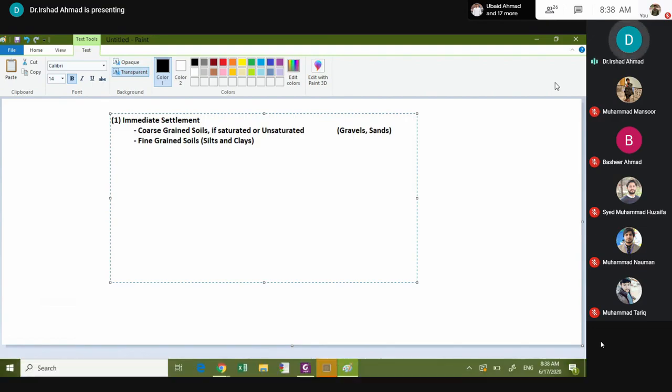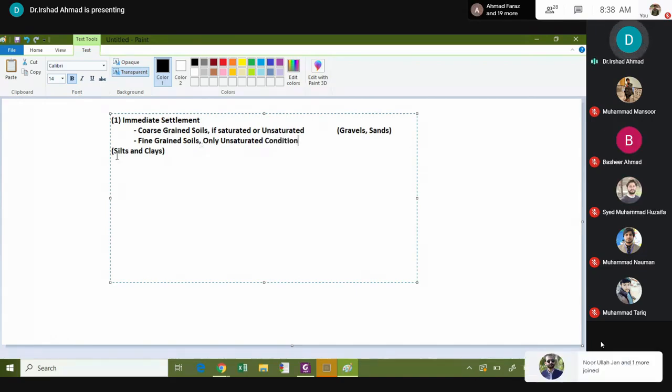But remember that silts and clays, only in unsaturated condition, because it has air, and the air would be expelled and immediate settlement would occur.